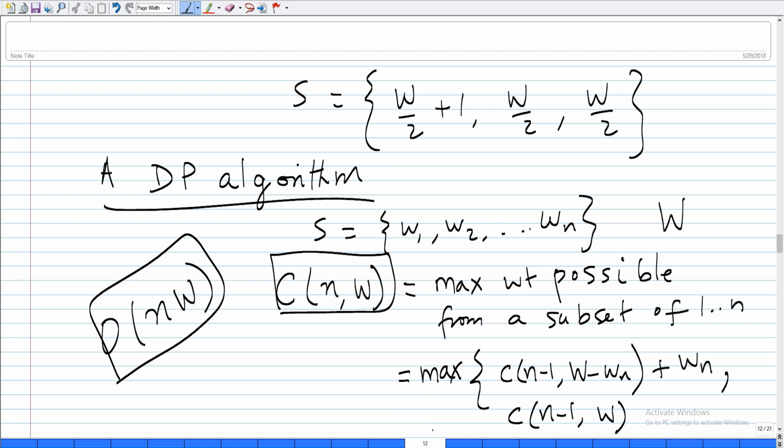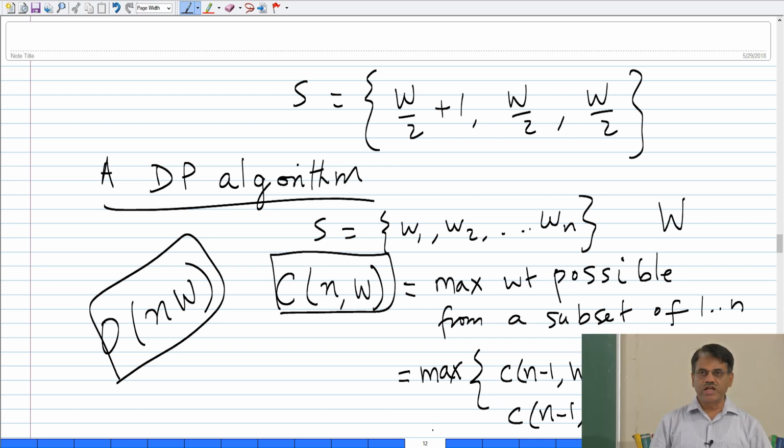When your number, the simple square root of n algorithm depends on the value of the number, not the size of the number. Because to write down these capacities, to write down W, how many bits do you need? Log W bits. So you want an algorithm which is polynomial in the input size. The input size is something like n log W. Okay, so this is not a polynomial time algorithm, and we will actually show that this is an NP-hard problem.